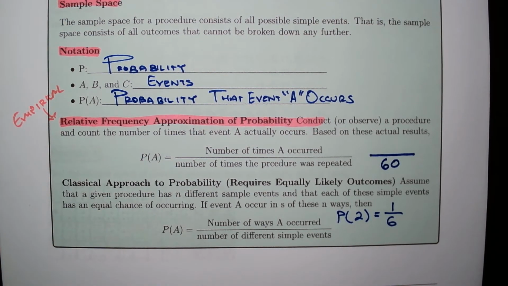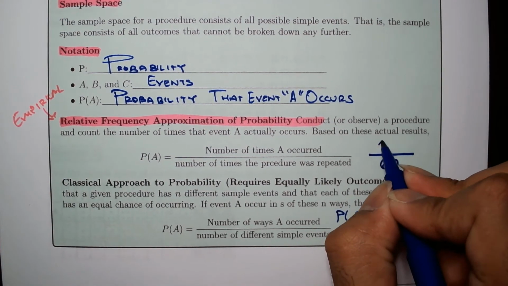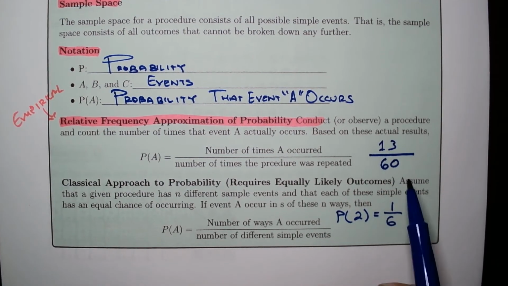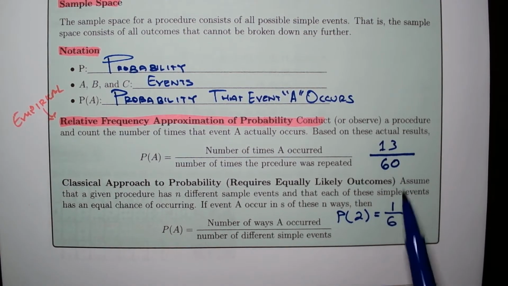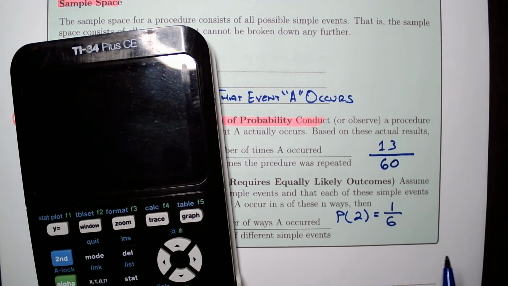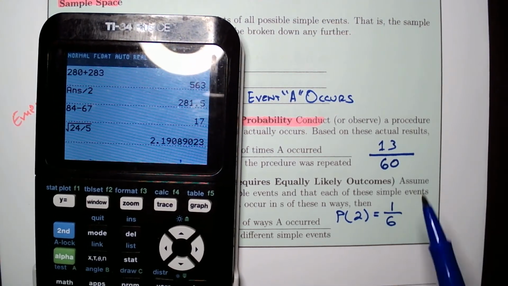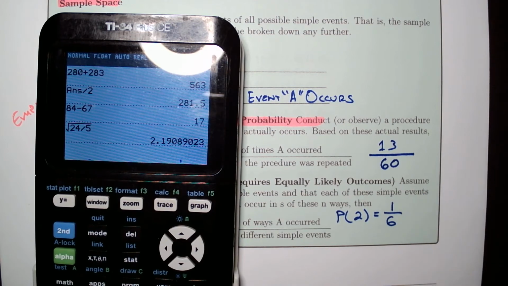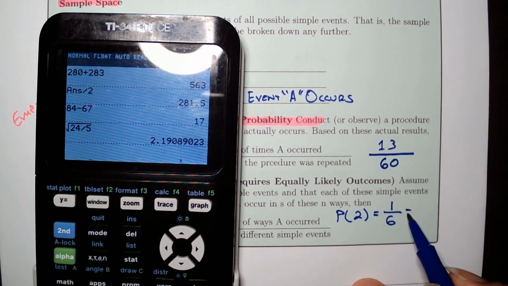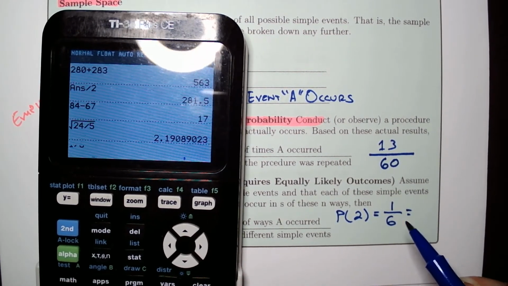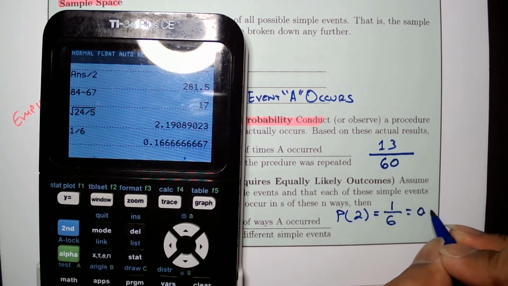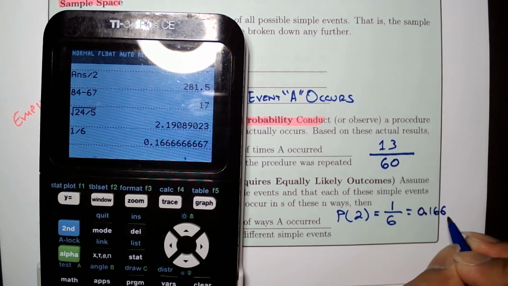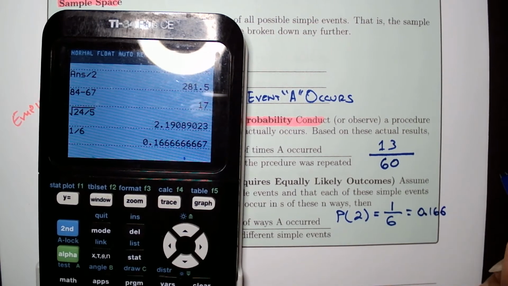And it turns out that roughly 13 times we got a 6. Well, let's divide and compare these numbers. If we conduct these two procedures, we may get basically the same. So 1/6 is the same as 0.166 repeating.